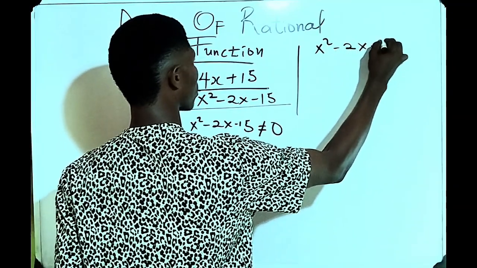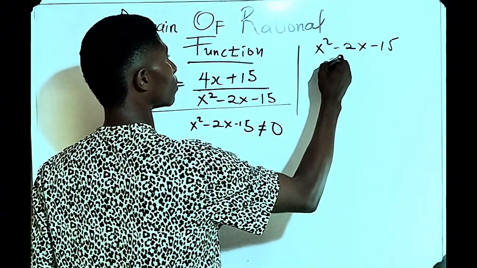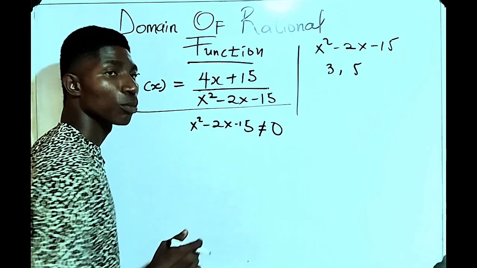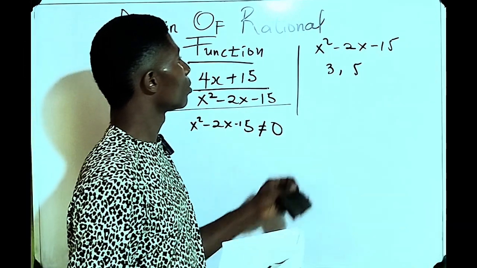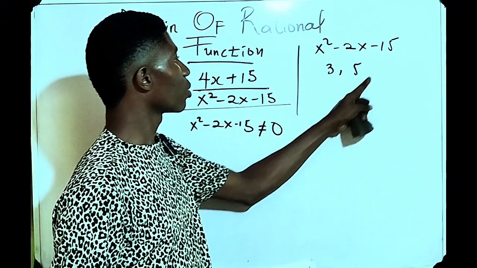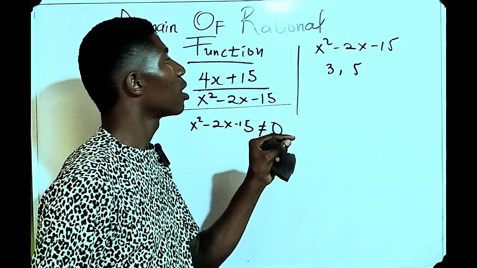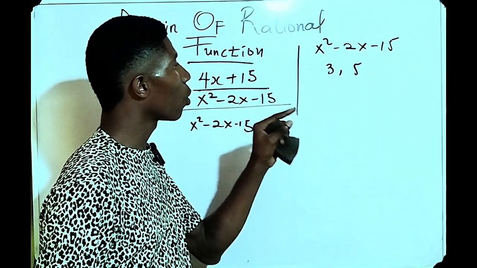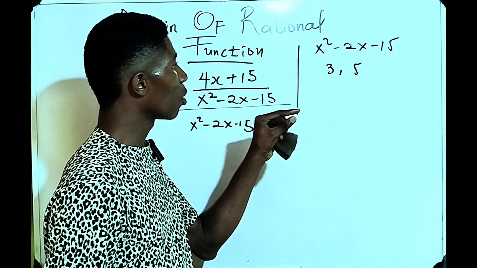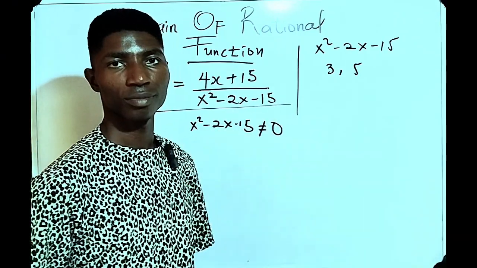minus 2x minus 15. Factors of 15 is what? 3 and 5. Now I'm going to manipulate it so that I will get minus 2 here. When you add or subtract, is it minus 3 plus 5, or 5 minus 3, or plus 3 minus 5, or 3 plus 5?